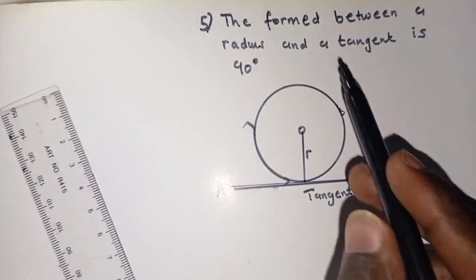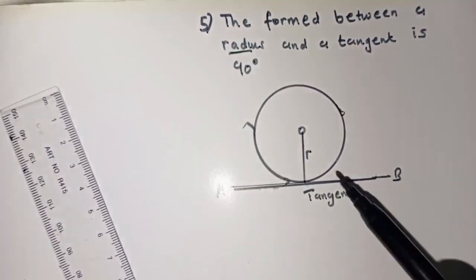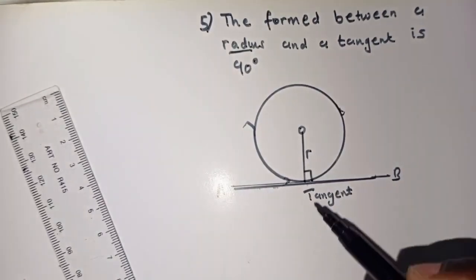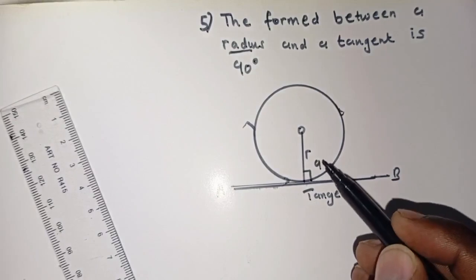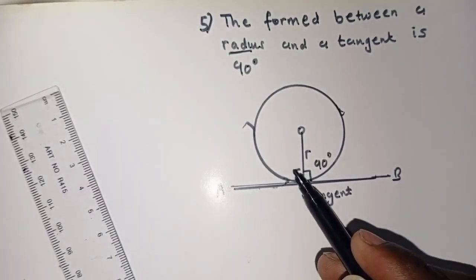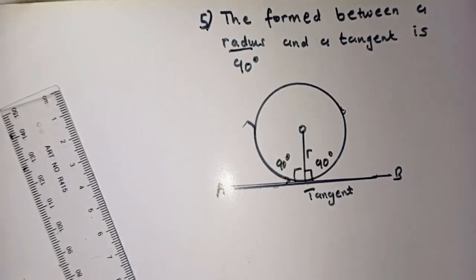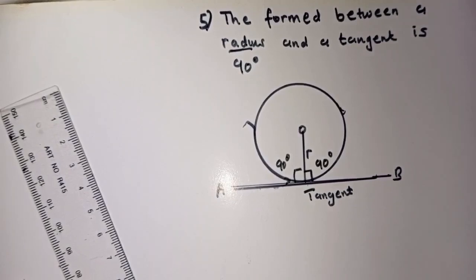So the angle formed between the radius and the tangent, this angle here, is 90 degrees. Similarly, this one here will be 90 degrees. That's what the property here is saying.